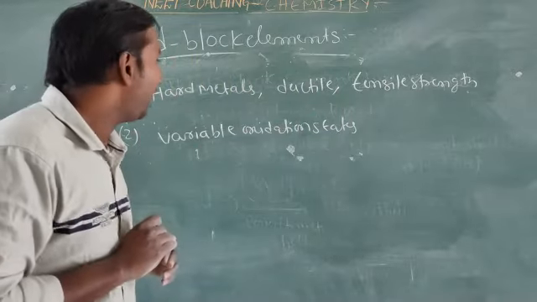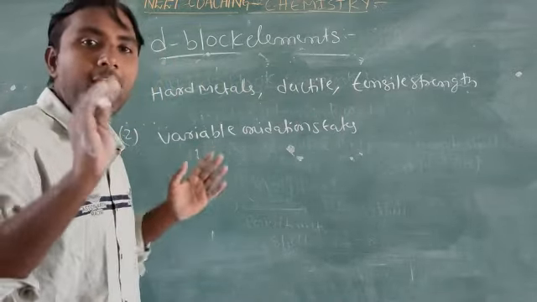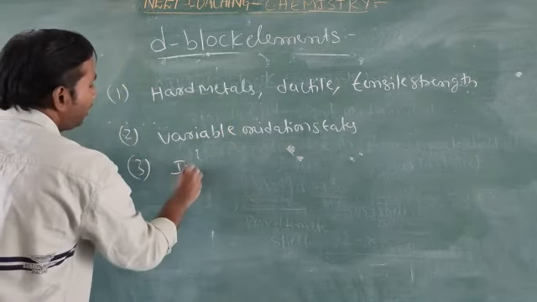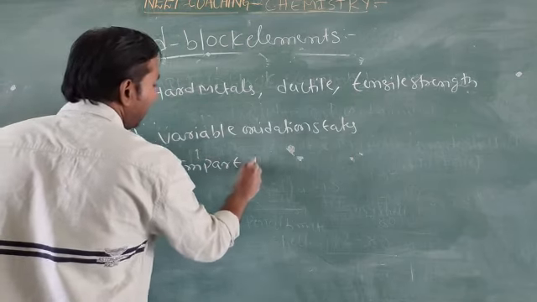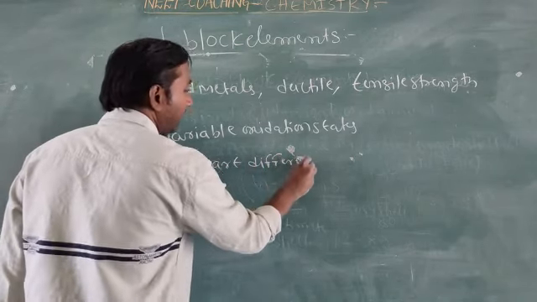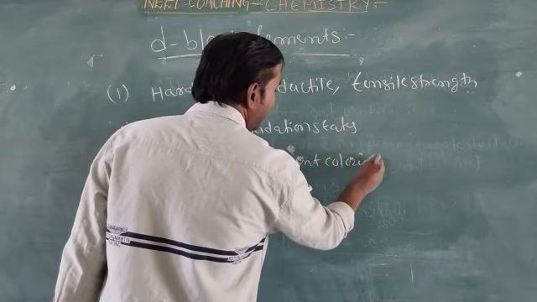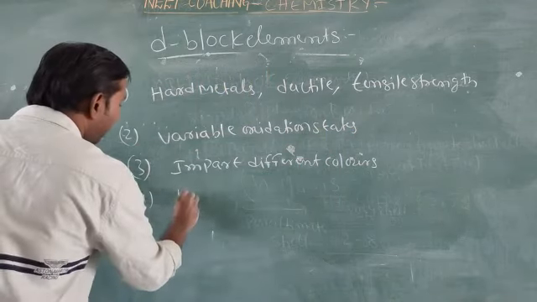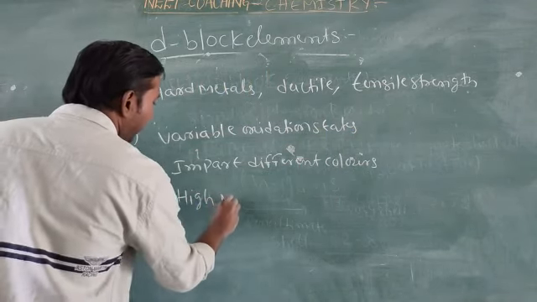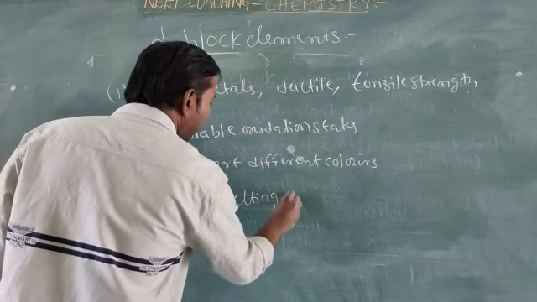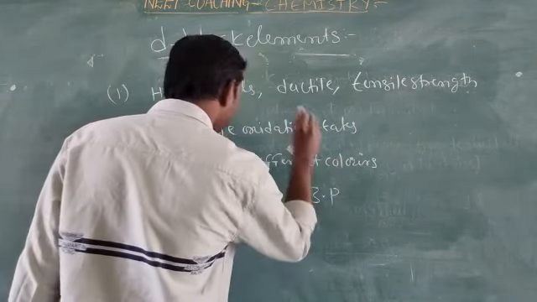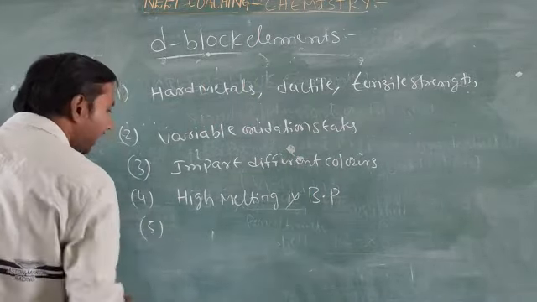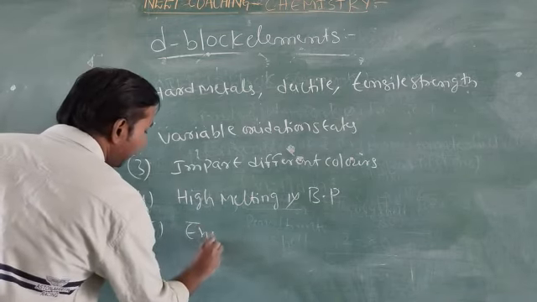This is due to small atomic size and having vacant d orbitals. Third one, they form different colors. Next, having high melting and boiling points. Having high enthalpy of atomization.